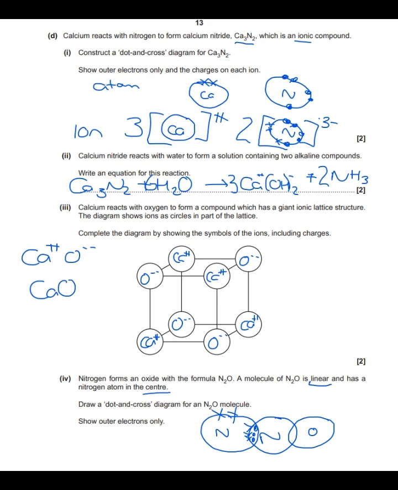This nitrogen here has got 2 more. We're told it's a linear shape, so there aren't going to be any lone pairs to make it into a non-linear shape. So there's definitely going to be 2 involved with the oxygen's covalent bond. And this oxygen has got 6 electrons in the outer shell, it's group 6.